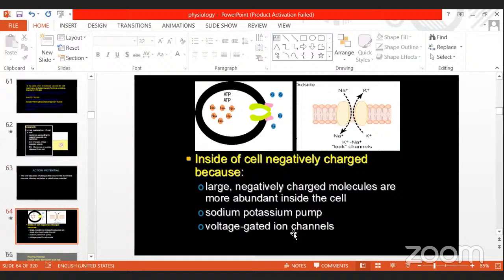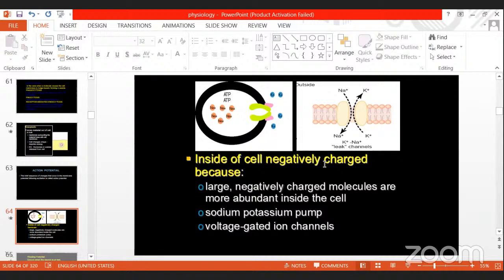In the normal or resting condition, the inside of the cell is negatively charged, because large negatively charged molecules like proteins are present inside the cell, and the sodium potassium pump also contributes to the negativity.